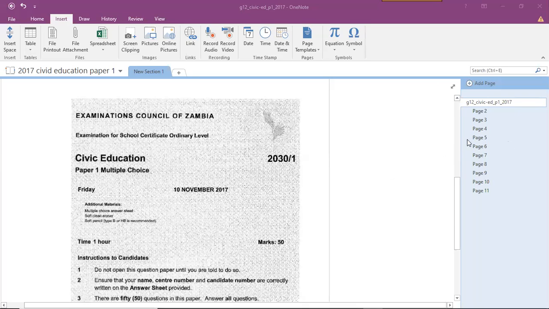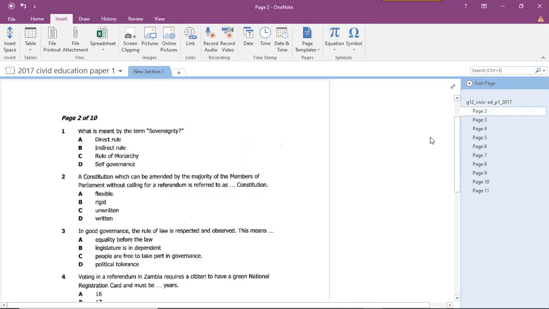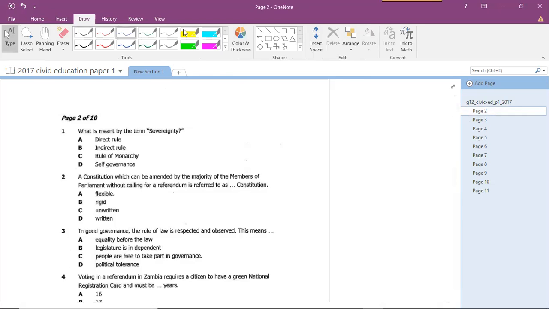So hopefully today we're going to do questions 1 to 20 with reference to what we are doing. We might encounter new things, but hopefully most of the things that we were discussing will be contained in this exact same paper. Okay, so let's begin.